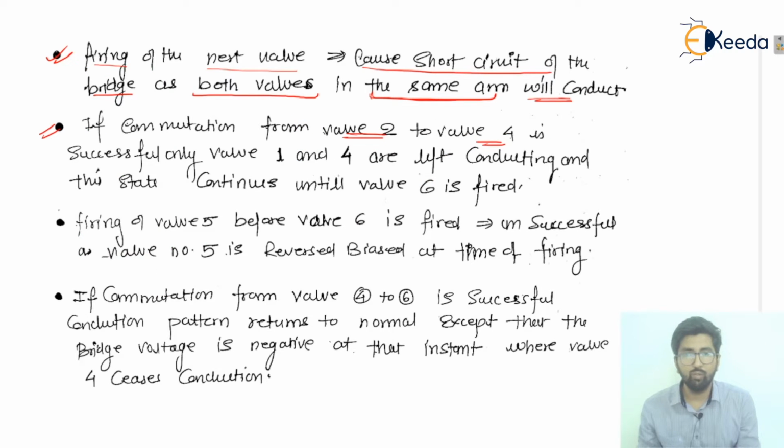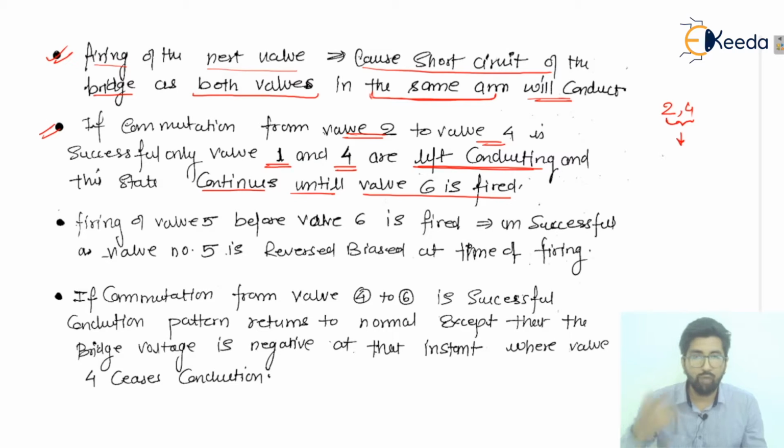We are assuming that earlier valve 2 was conducting and the commutation from 2 to 4 is happening. If it is successful, then the current is transferred properly, and only valve number 1 and valve number 4 are left conducting. This state continues until valve number 6 is fired. Earlier valve number 2 and 1 were operating, and due to the firing of 4, valve number 1 and 4 are operating.